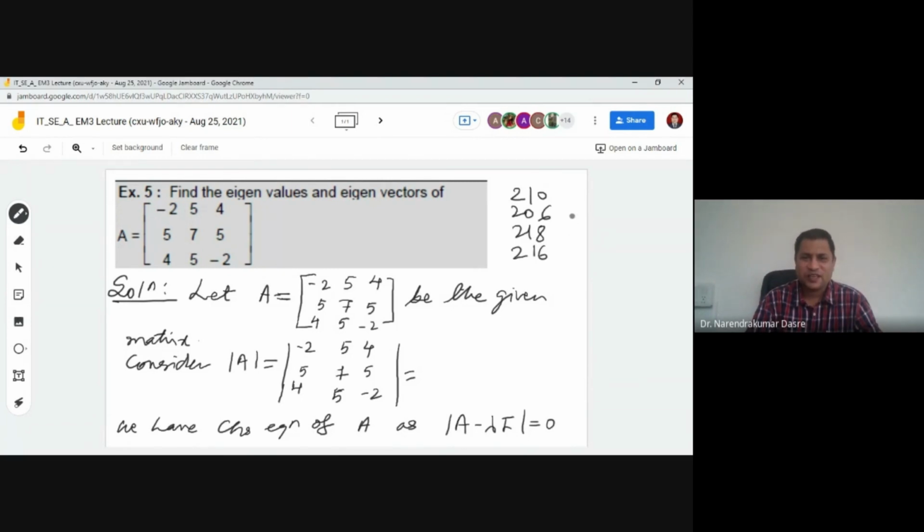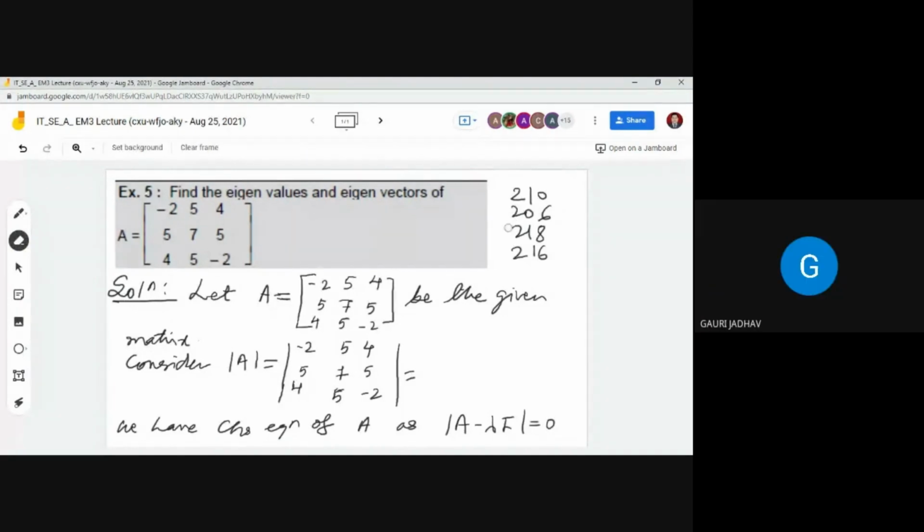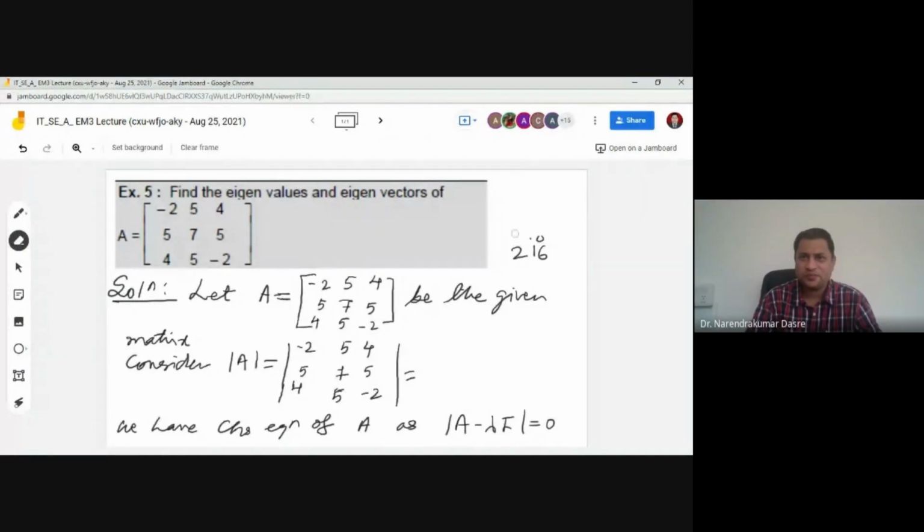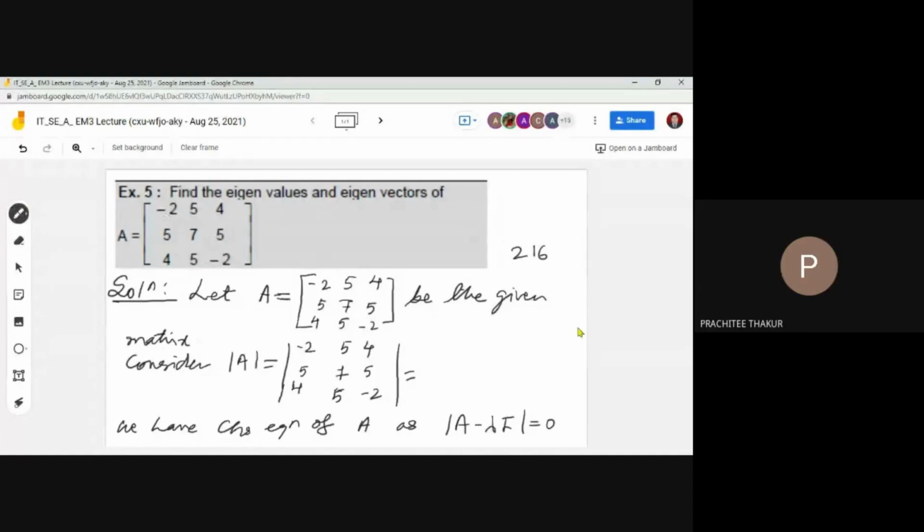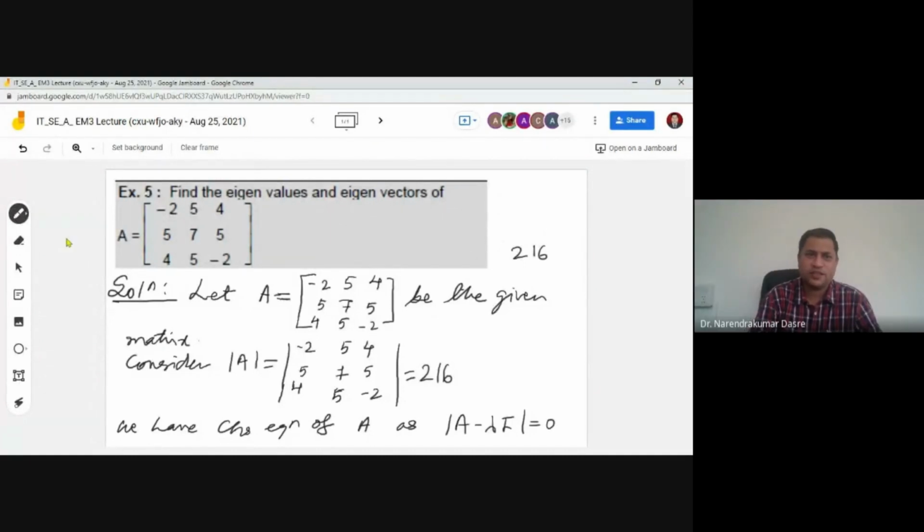So please use your calculator and get this. What do you have? 216. All of you are getting 216? Yes. Okay, so this is going to be 216. I hope there is no chance for any confusion or doubt now.